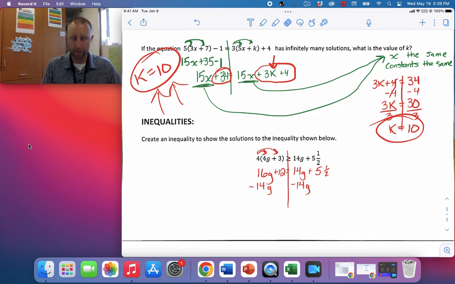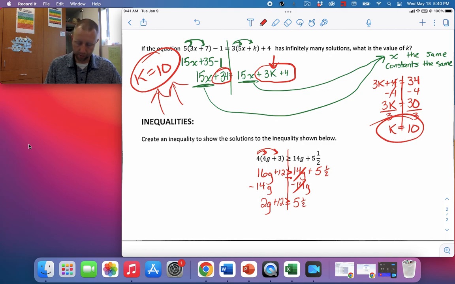Did you catch it? I put an equal sign instead of my inequality. My inequality symbol is the greater than or equal to. So I'm going to subtract 14g from both sides. That cancels on the right-hand side. 16 minus 14 is 2. I got 2g plus 12 is greater than or equal to 5.5.